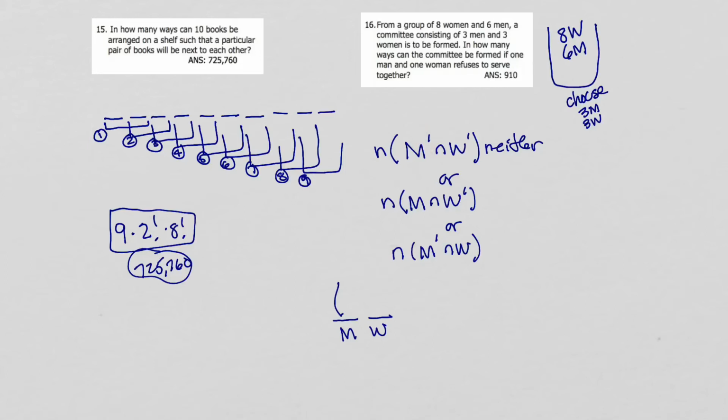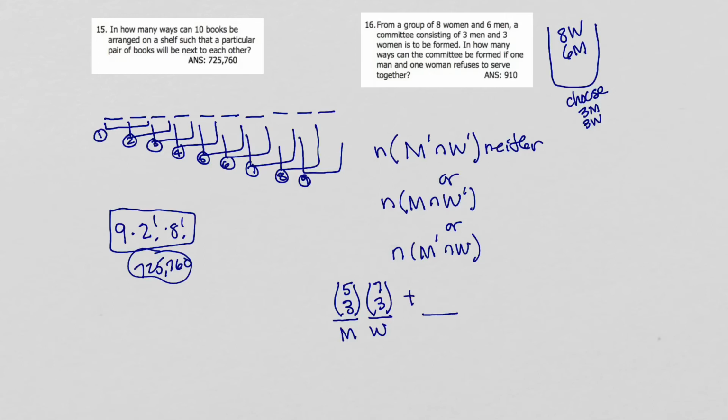So there's going to be now 5 men from which we can choose, and we want 3 of them. And then for the women, there's 8 altogether, but we're going to toss out this one particular woman who refuses to serve, so that leaves us only 7. So from 7 women, we're going to choose 3. Or, now the or is going to be a plus here.